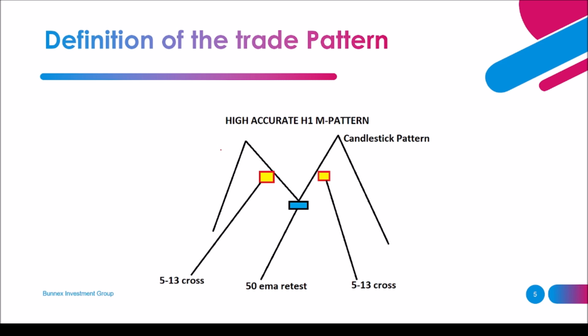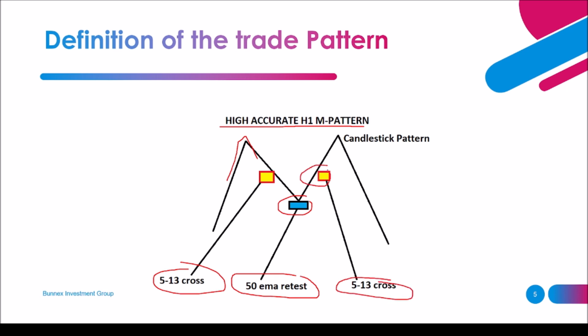So here's the definition of the trading pattern that we have in subject. Call it the high accurate H1M pattern. On this particular pattern, we need to see a 5-13 EMA cross when we are creating the first leg. 5 in a different color, in my case it's yellow, 13 in red, and then we need to see its neckline occurring at the 50 EMA, and after that we need to see another 5-13 cross creating the second leg.